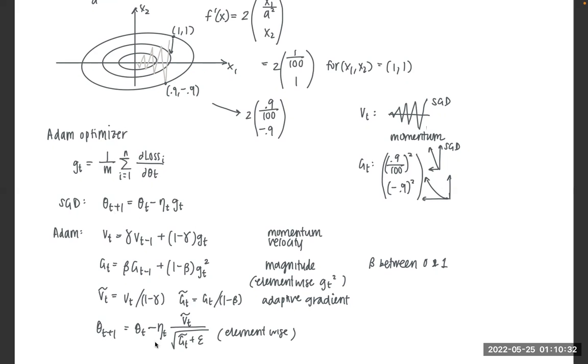Similar to SGD, but this time the gradient is v_t, the accumulated velocity, or the accumulation of g_t, divided by the square root of the accumulation of g_t squared, the magnitude. And we add a small number just to avoid dividing by a number close to 0. In the beginning part this can often happen, so we need to be careful about the warm up. I think there's also an AdamW, which maybe takes care of this issue.